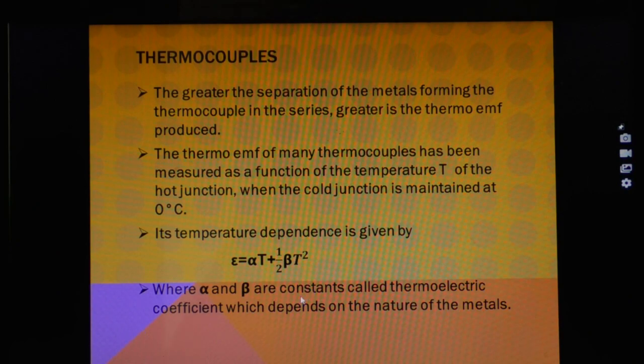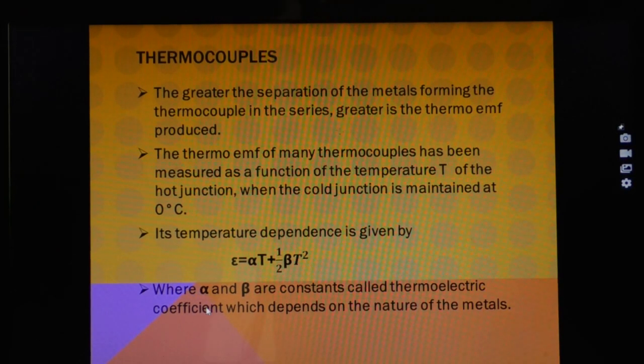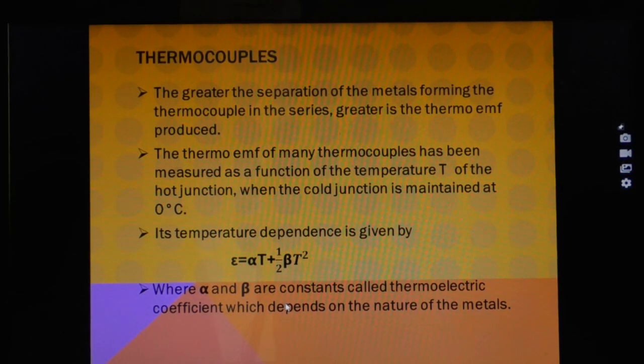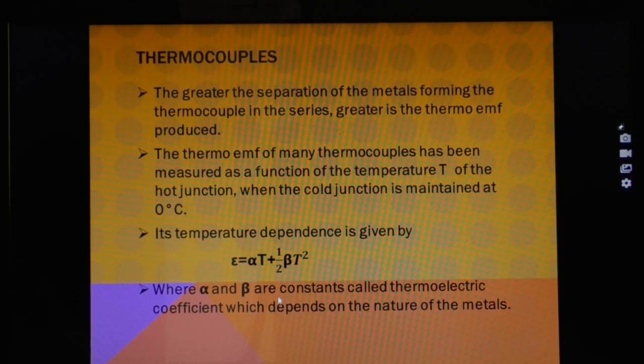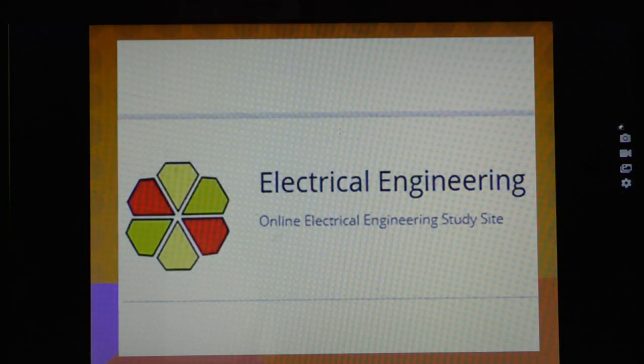These constants are called thermoelectric coefficients, and the values of alpha and beta depend upon the nature of the metal which you have selected to make the two junctions. All right.